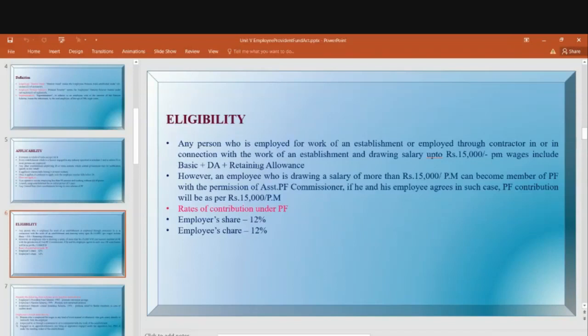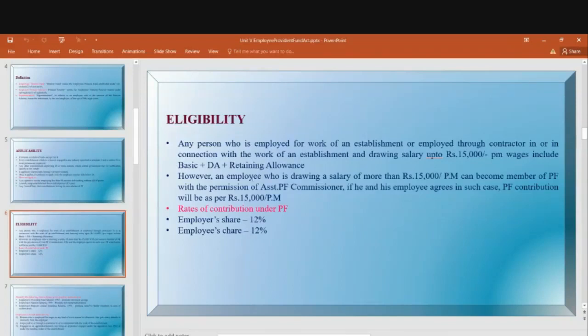However, an employee who is drawing a salary of more than 15,000 can become a member of PF with the permission of the Assistant PF Commissioner. Right? So here salary up to 15,000 per month in wages, which includes all these things, is eligible to get the PF. But if it exceeds, then with the help of the Assistant PF Commissioner, he is also included.